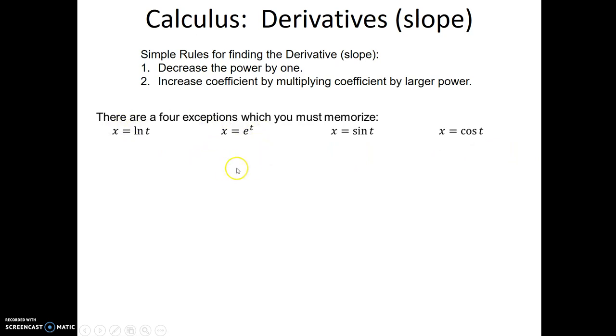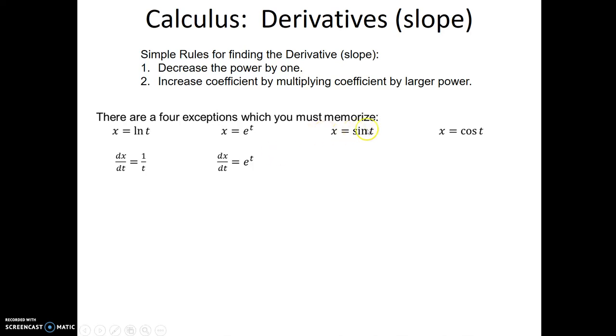So if I want to figure out what the derivative, the slope of a natural log graph would be, that's just simply going to be 1 over t. So dx dt is 1 over t. It's one of those you have to kind of memorize. And if I want to figure out what the slope of an exponential graph, e to the t, is, well, that one's even easier to memorize. dx dt is just simply equal to e to the t.